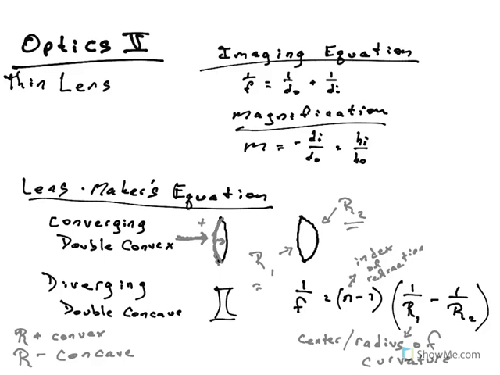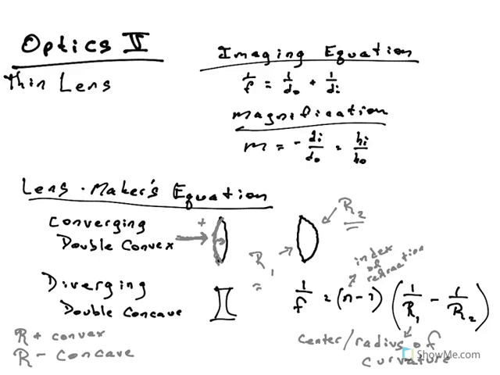Now, it's very important to not get the naming convention confused here. The converging lens is also called double convex. That does not mean both surfaces are convex. It's just a naming convention. What you have to imagine is, as the light comes in, what does it hit?